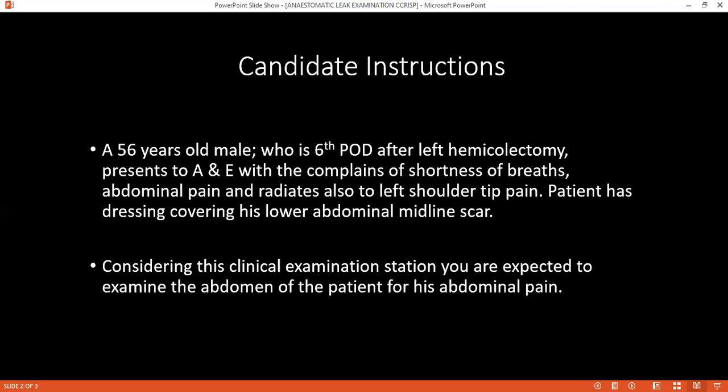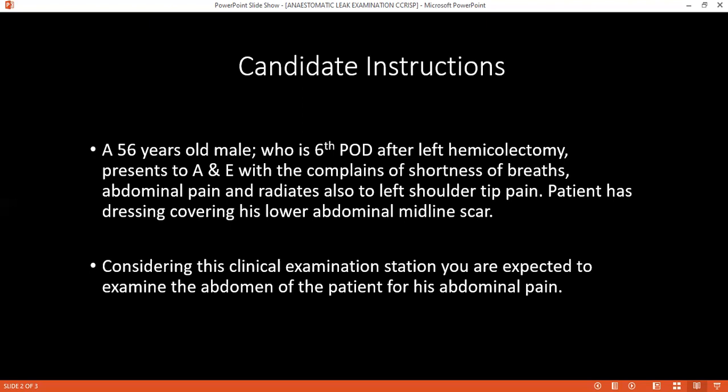He breathes well, and the circulation is intact. The patient is alert, and when I squeezed the calves for tenderness, there was no tenderness around the calf. My differential diagnosis is possibly generalized peritonitis secondary to anastomotic leak from left hemicolectomy.